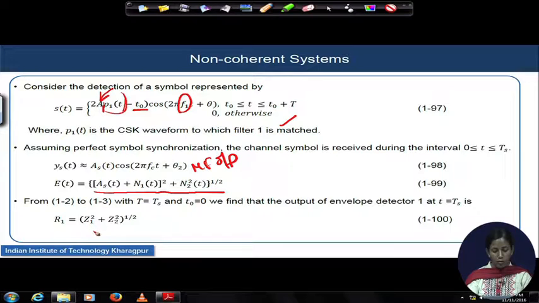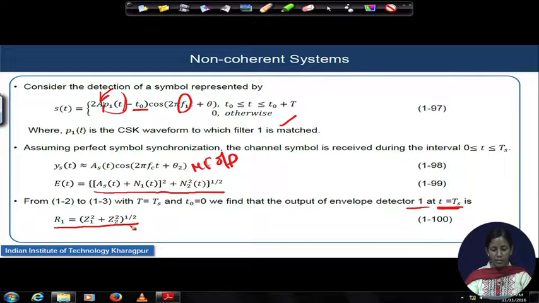And we also understand here that with capital T equal to Ts and T0 equal to 0, we find that the output of the envelope detector 1 at T equal to Ts will be given by R1 equal to Z1 squared plus Z2 squared, whole to the power half.